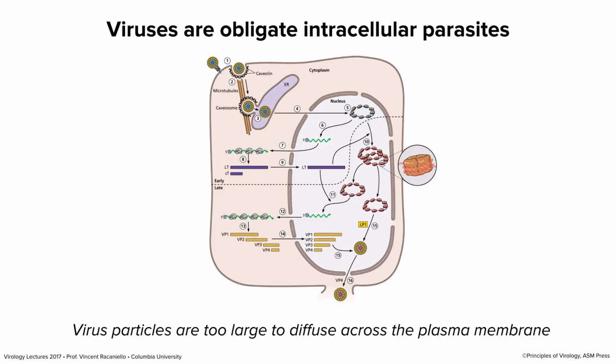But they're too big to simply diffuse across the plasma membrane of the cell. They cannot knock into a cell and diffuse in. Too big, not happening. So they're taken up by specific pathways, and that's part of what we're going to talk about today. And you see here is a virus binding to a cell receptor, and that's part of what allows viruses into cells.